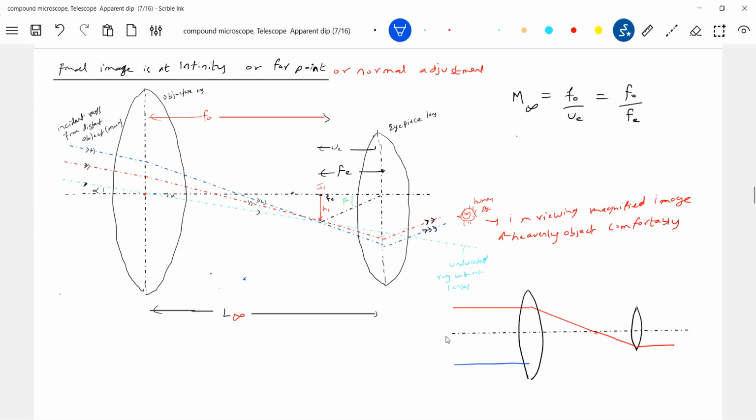Books are given a diagram of this kind. So it's nothing wrong.